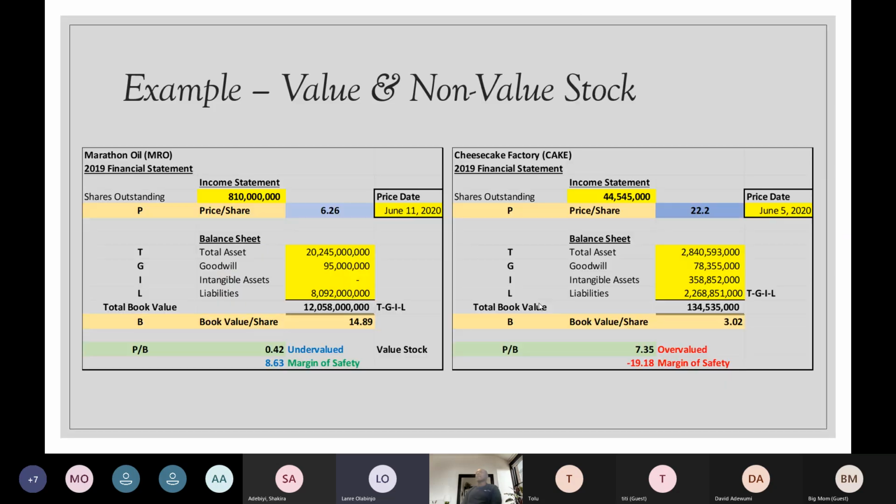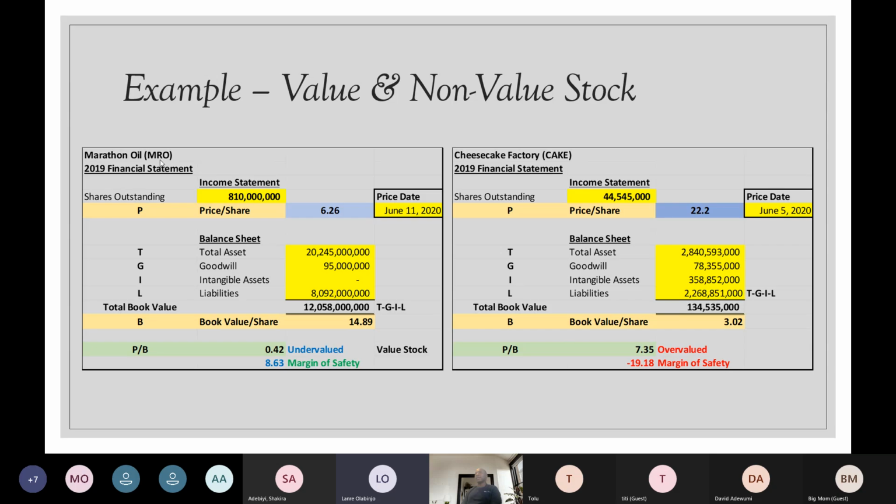All right. I have two examples that I've pulled here, and we will actually do some work. I will share a template with us after this class. These are two companies: one is called Marathon Oil, and the other is called Cheesecake Factory. I think most of us will know Cheesecake Factory, but maybe not all of us know Marathon Oil.